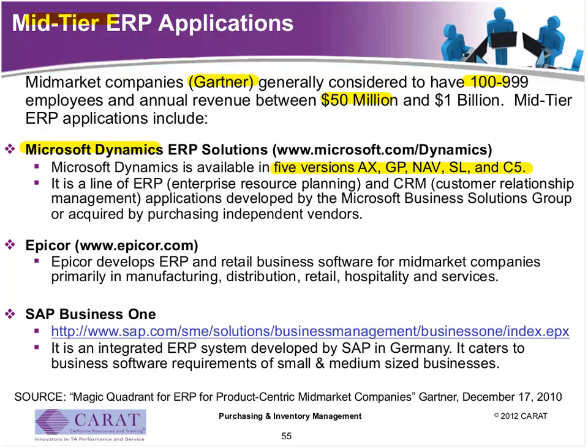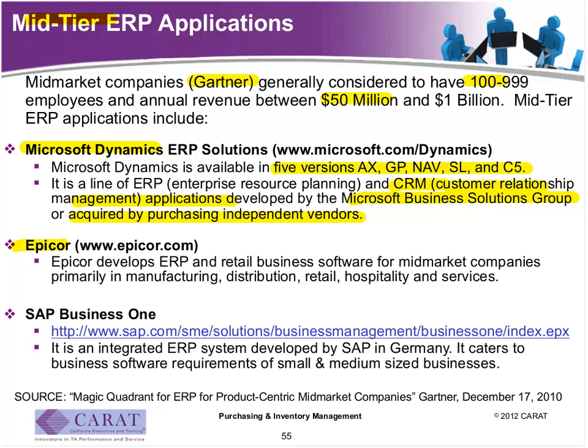They also have a CRM application that's part of the Microsoft Business Solutions group. And again, as I said, they've grown by acquiring independent vendors. Another long-time maker in this sector is Epicor.